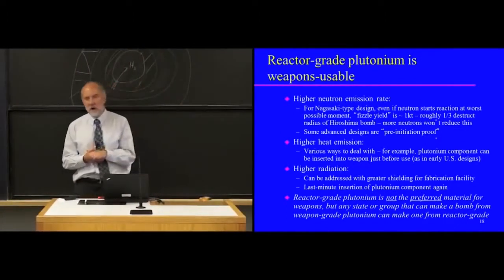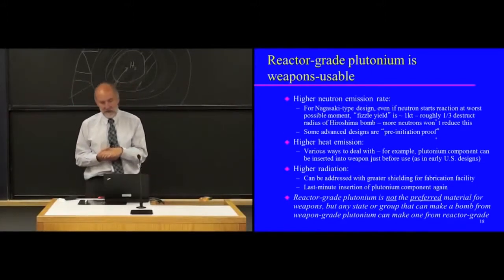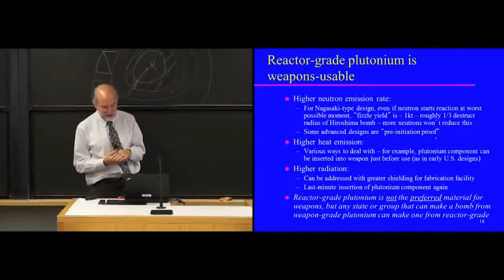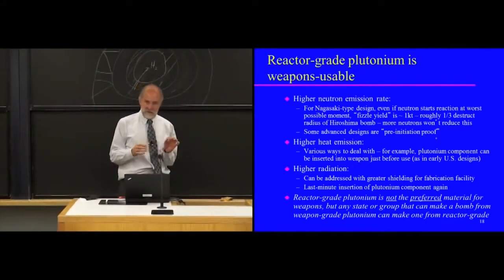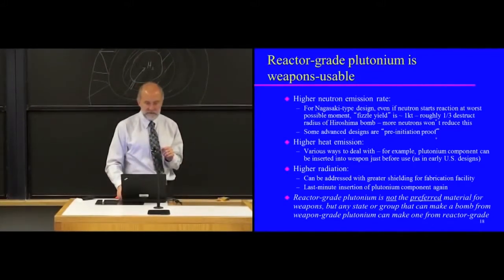So this is just more on the point that you can make bombs with reactor-grade plutonium. It has a higher neutron emission rate, it has higher heat emission, has higher radiation. All of those can be addressed by bomb designers.